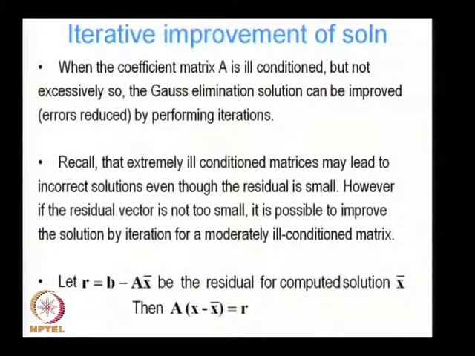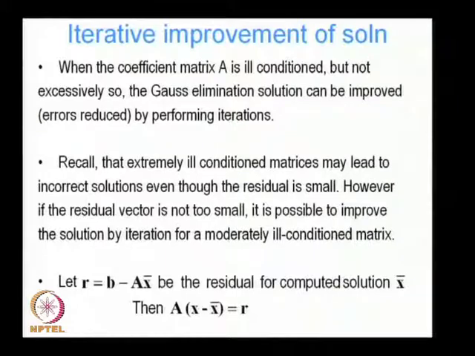So long as the coefficient matrix is moderately ill conditioned, by reducing the residual we automatically improve the accuracy of the solution. However, if the coefficient matrix is extremely ill conditioned, then we have seen earlier that even for a totally incorrect solution we can get a really small residual.